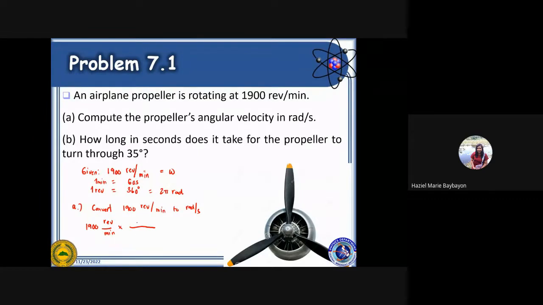So you have 1 rev in the denominator is equal to 2 pi radians. Okay, so by doing this, we can cancel out the revolutions. And then multiplied by this conversion factor. To eliminate minute, we have to put it in the numerator and then 60 seconds in the denominator. Okay, so let us calculate that one.